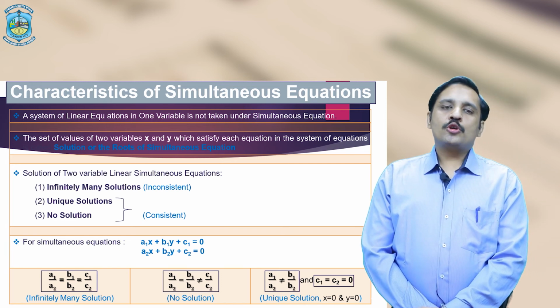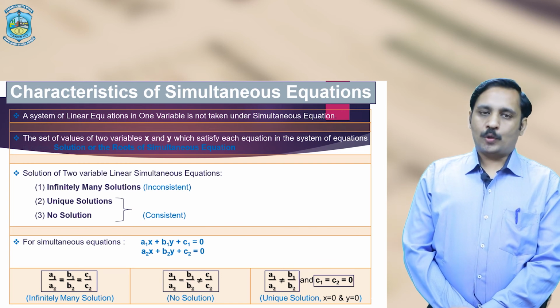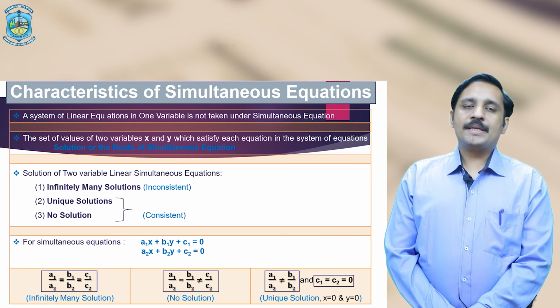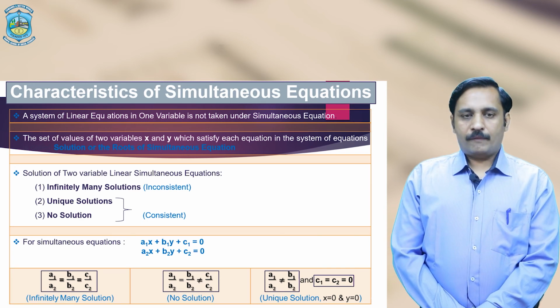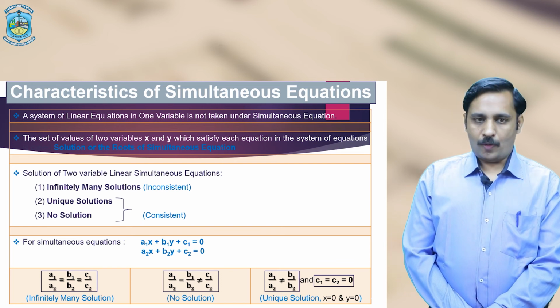If we find the solution of two variable linear simultaneous equations, we have three types of solutions. First, infinitely many solutions, second, unique solution, and third, no solution. Infinitely many solutions is an inconsistent one, whereas unique solution and no solution are consistent forms.